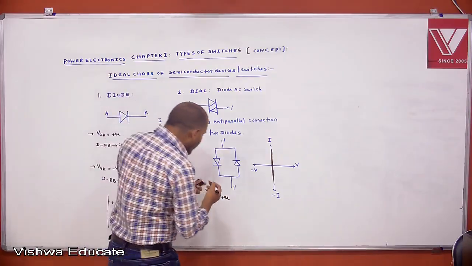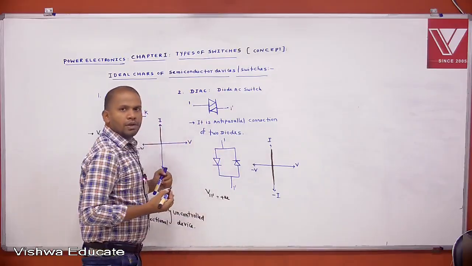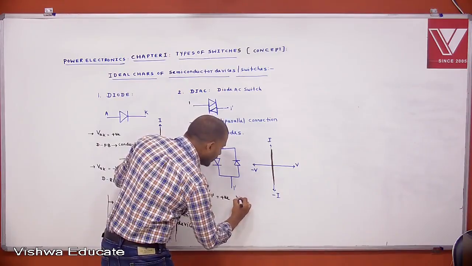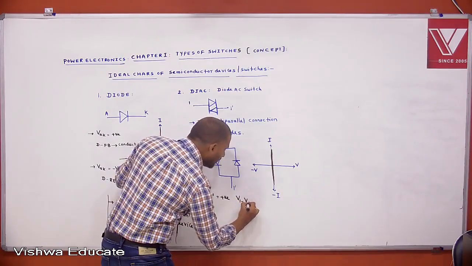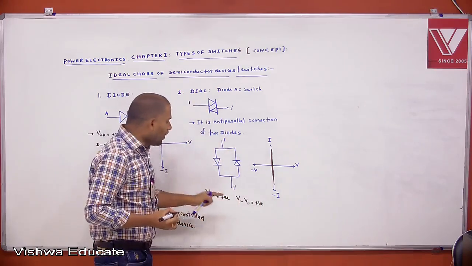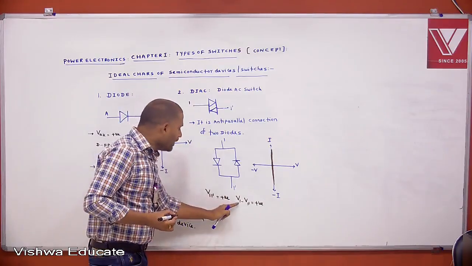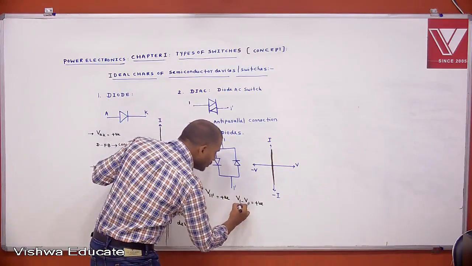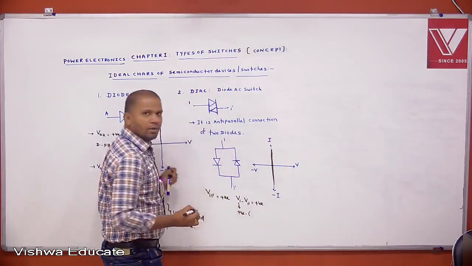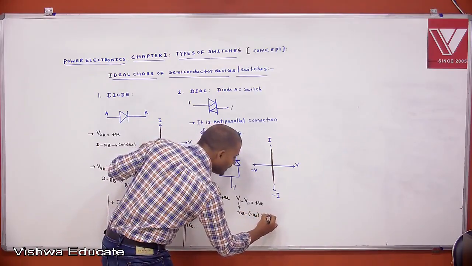If V11 dash is positive, that means V1 minus V1 dash is positive. To make V1 minus V1 dash positive, 1 must be positive and 1 dash connected to negative, then the resultant is positive.